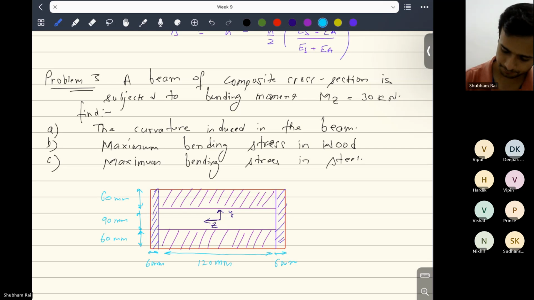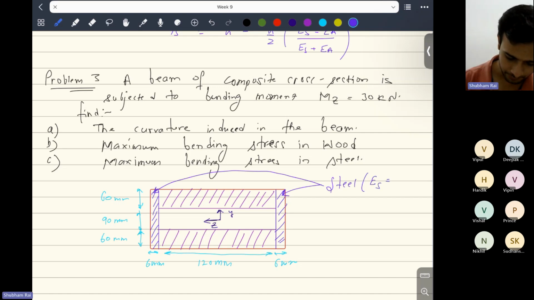And this is steel, Es is equal to 200 GPa. And this is wood.